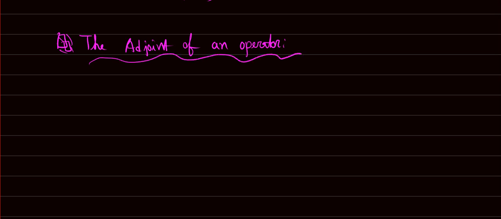Now the next topic, the adjoint of an operator. We know we can write ket vectors like this and bra vectors like this from previous lectures.